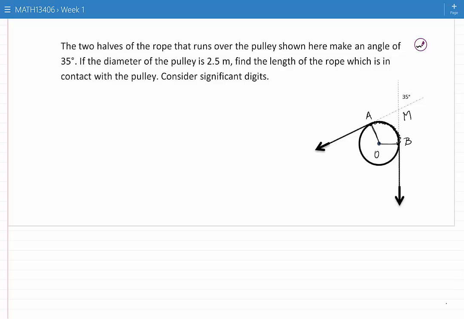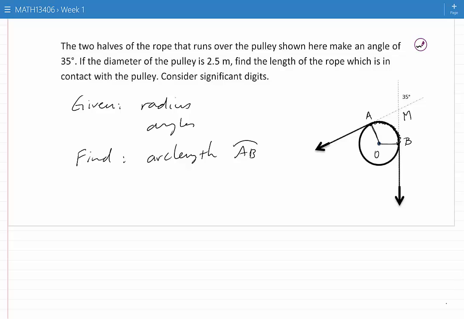What is given in this problem is the radius, which we can calculate, and also the angle 35 degrees. But what we need to find is the arc length AB.